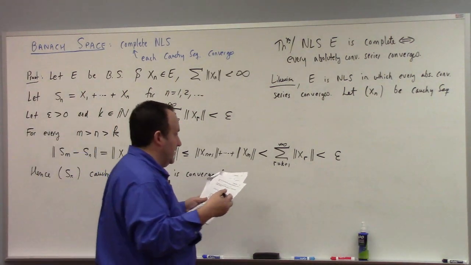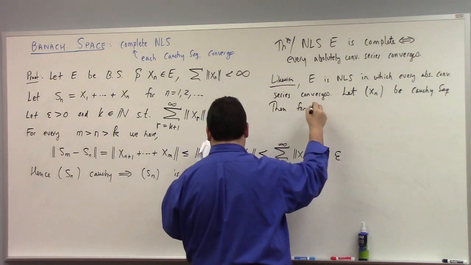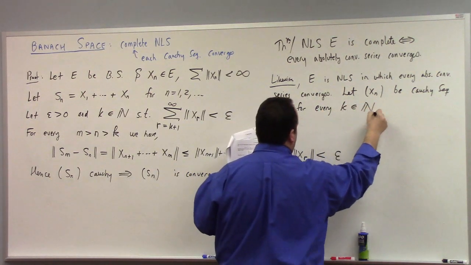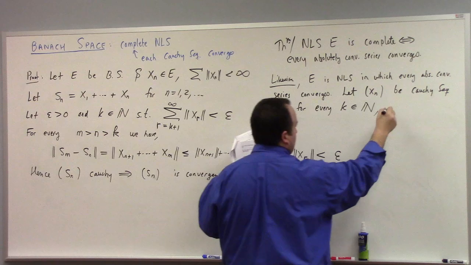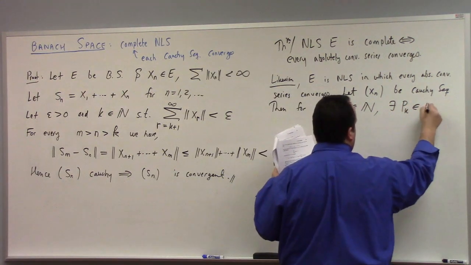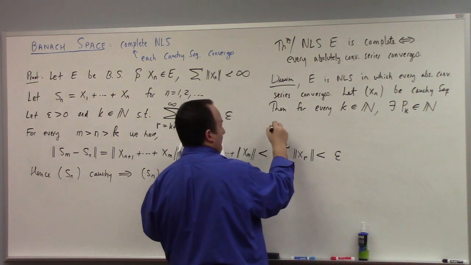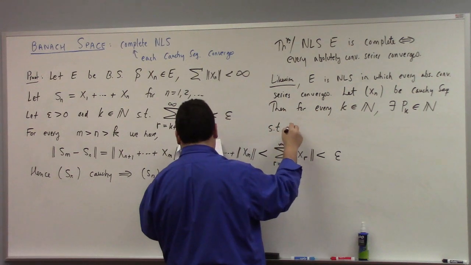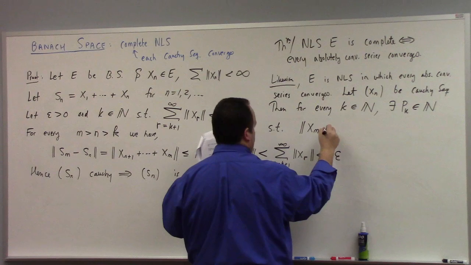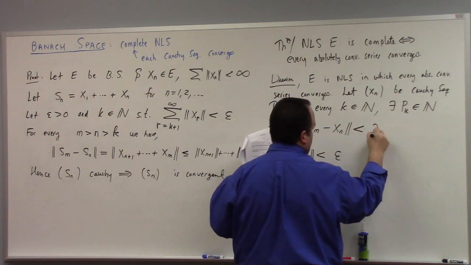But in particular, for every k in the natural numbers, there exists p_k in N such that the norm of x_m minus x_n is less than 2 to the minus k.